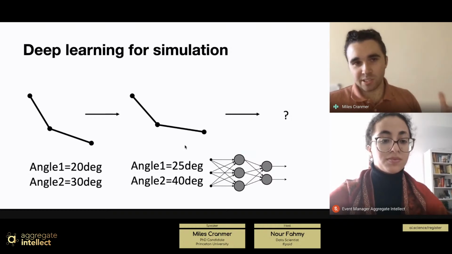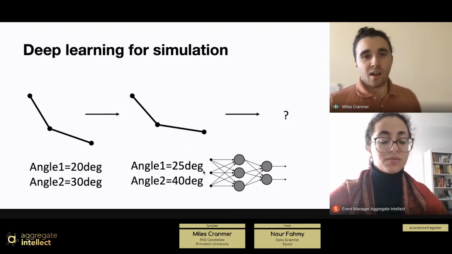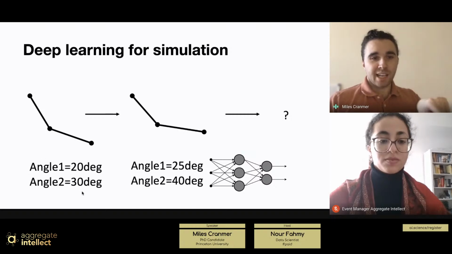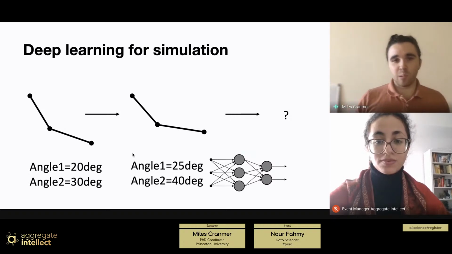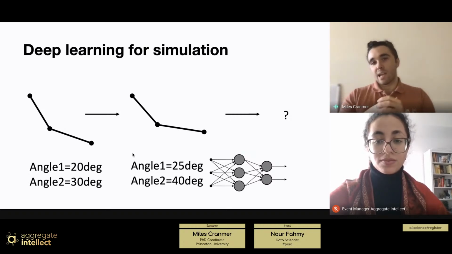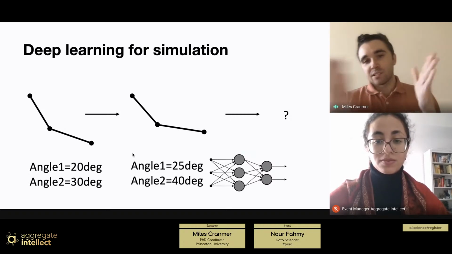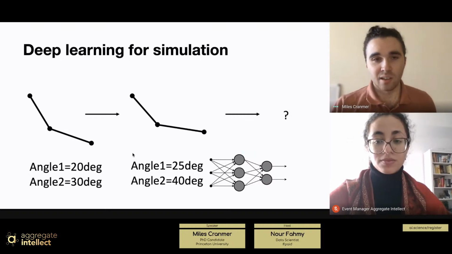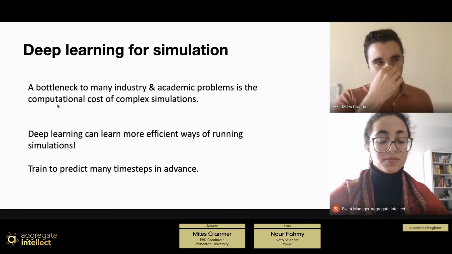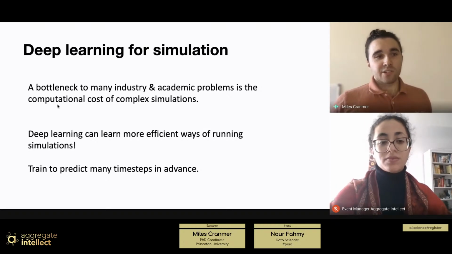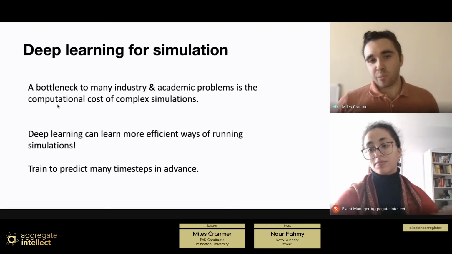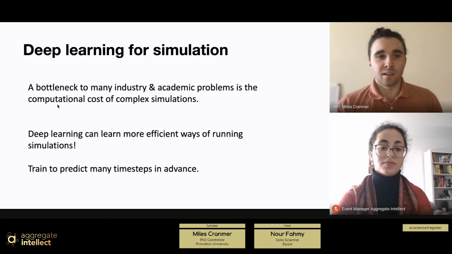This is the simplest example: I want to feed in the angles over time and predict the next angle. So this is the simplest example where I use a neural network to predict the next step of my simulation.